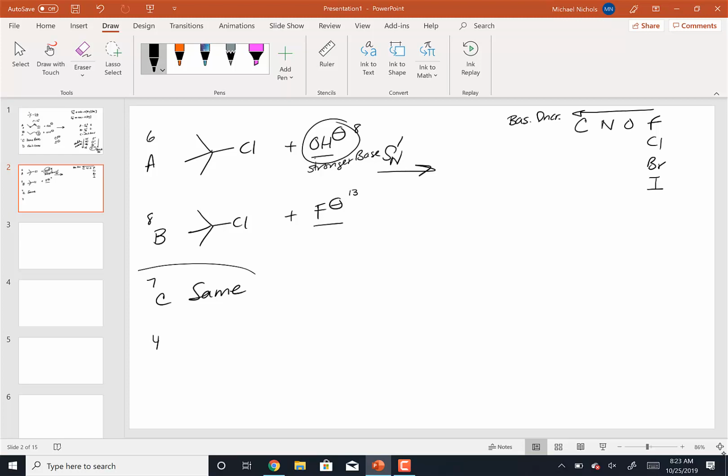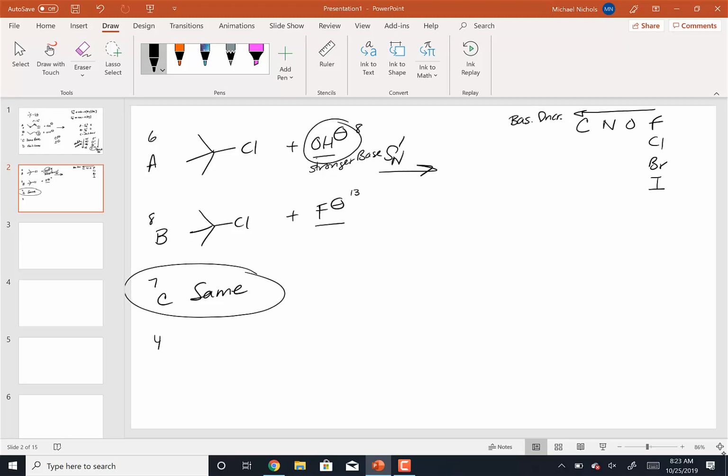That means that those two reactions occur at the same rate. So for an SN1 reaction, changing the strength of the nucleophile doesn't matter because it's not in the rate determining step. Now, changing the strength or the betterness of the leaving group does because it's in the rate determining step.